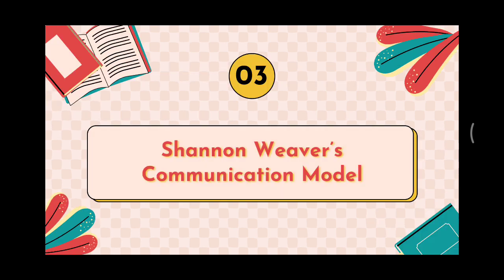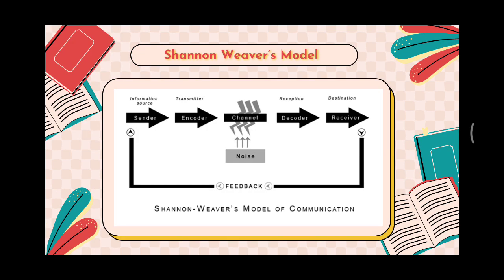Next is the Shannon-Weaver communication model. Unlike the others, we have a lot of elements in here: the sender, encoder, channel, decoder, receiver, noise, and feedback. Let me focus on the most important elements of this model. First is the encoder and the decoder.